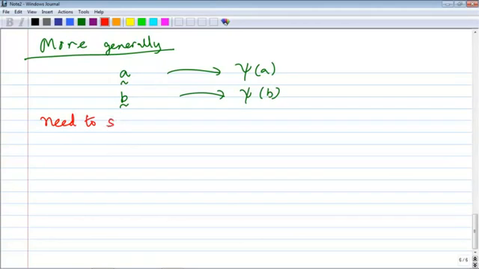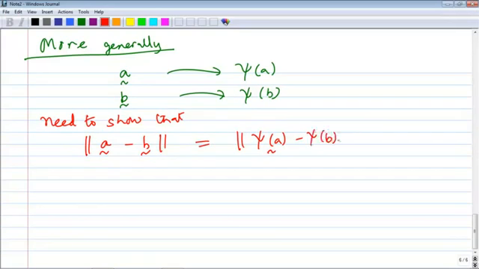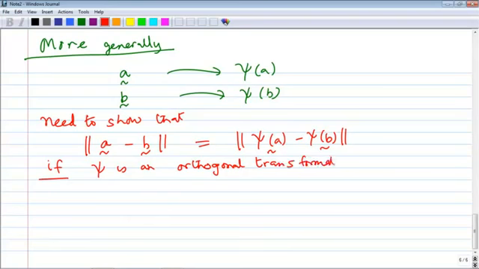We need to show that the length of A minus B is equal to the length of psi A minus psi B, if psi is an orthogonal transformation. So that's something to be proved.